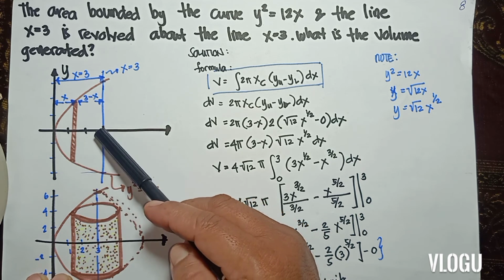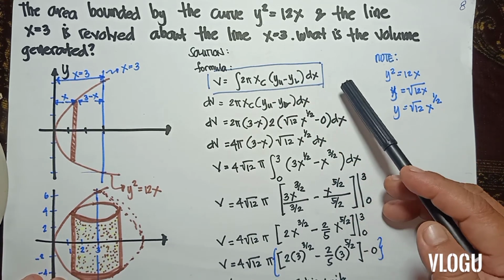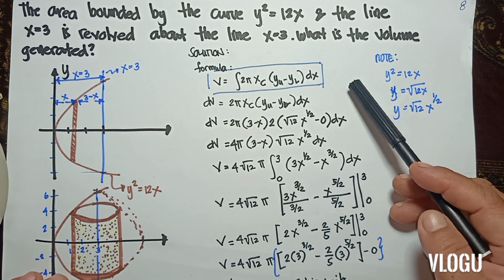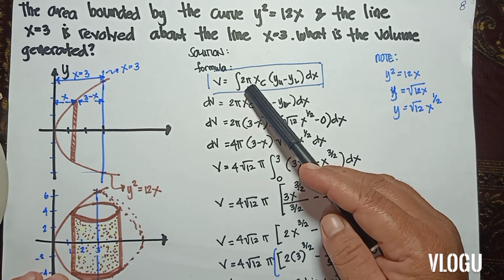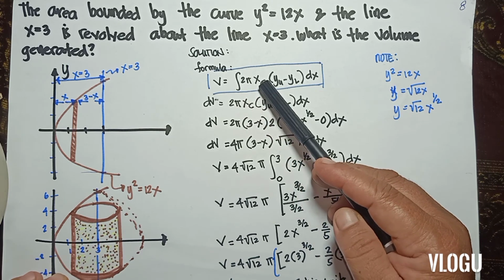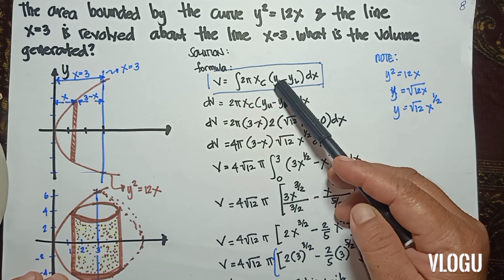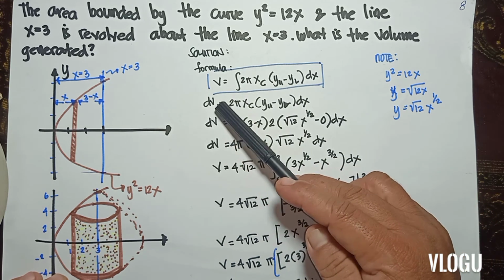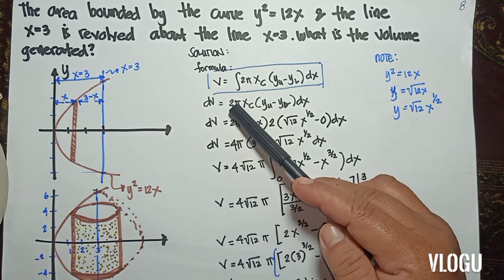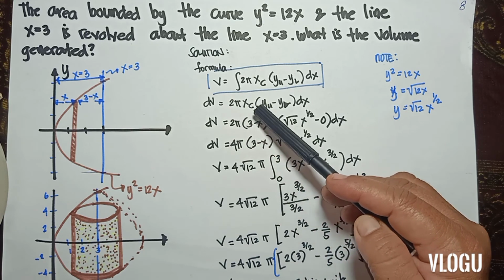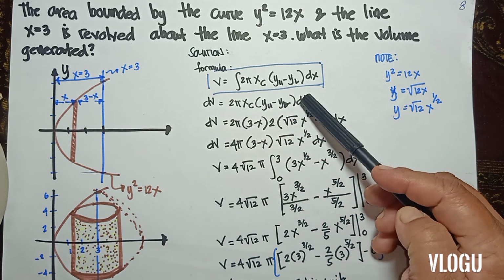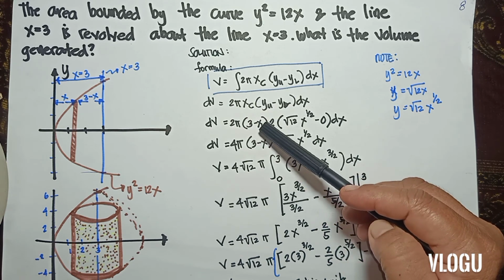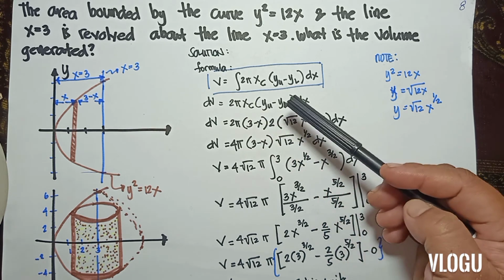The formula we will be using is the integral of 2 pi x sub c, the radius being formed, times y up minus y down dx. So dv is equal to 2 pi times the radius, which is 3 minus x, times y up minus y down dx.